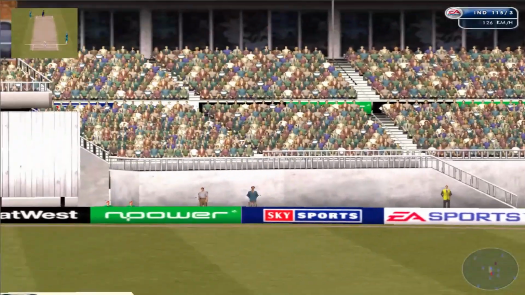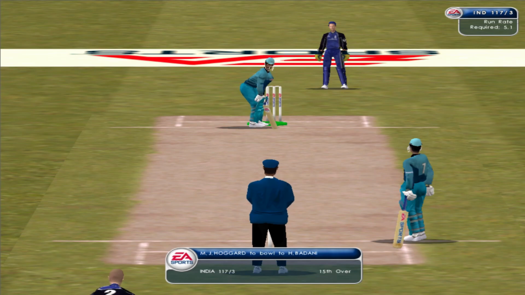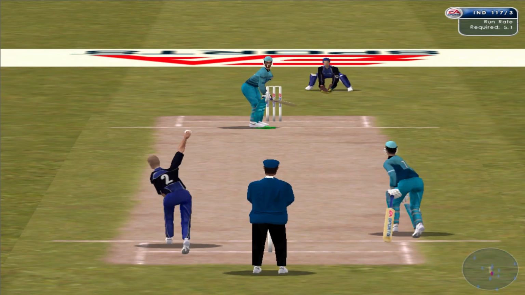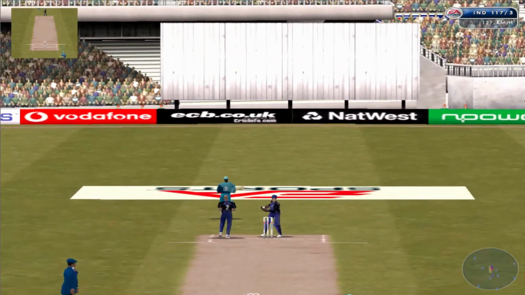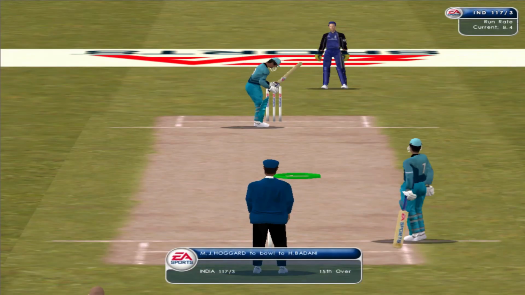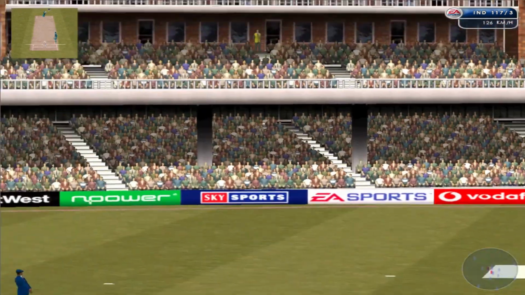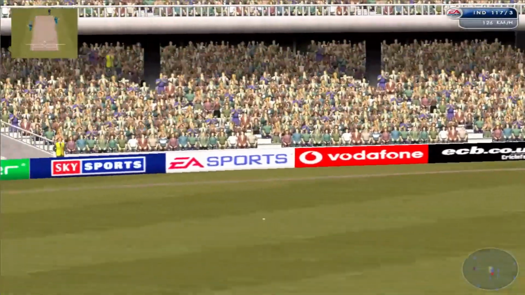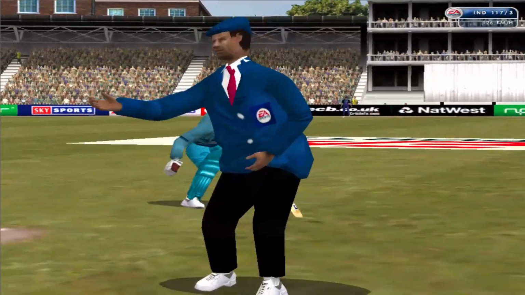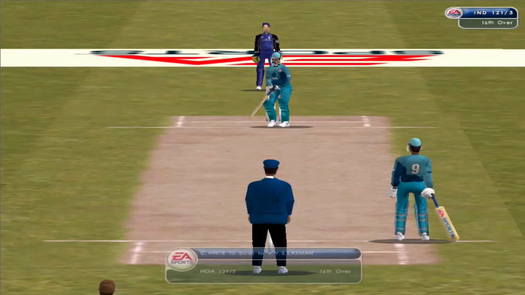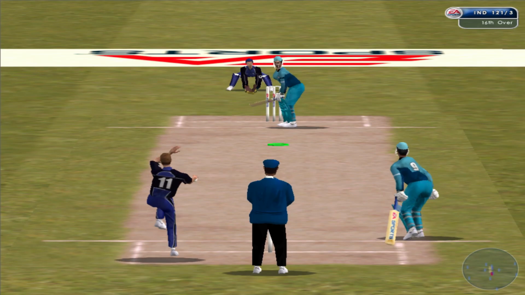There's a mix-up with the batsman. That's gone high in the air. That's the first boundary for Badani. That's the end of the 15th over. White to bowl to Laxman. Now the run rate stands at just over 4.5 an over.